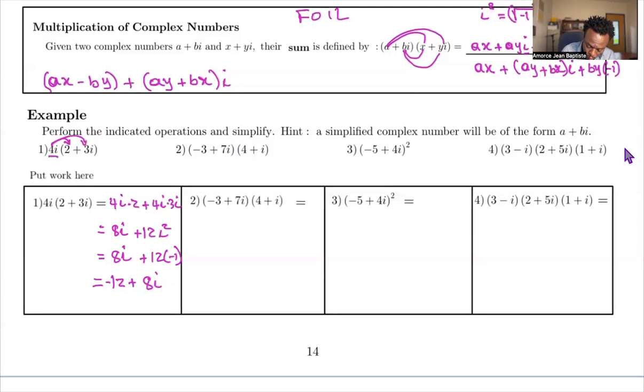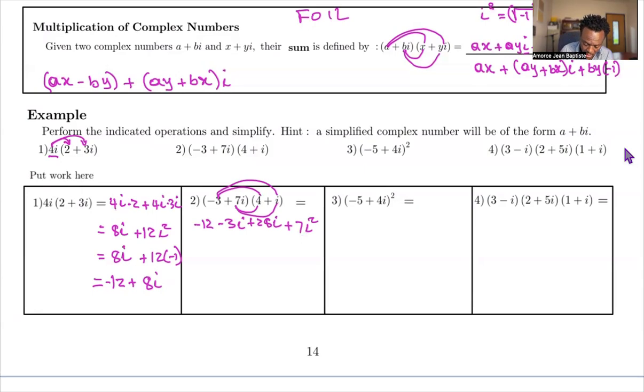Over here, we're going to FOIL. That's negative 12, minus 3i, plus 28i, plus 7i squared. i squared is negative 1, so that's negative 7.